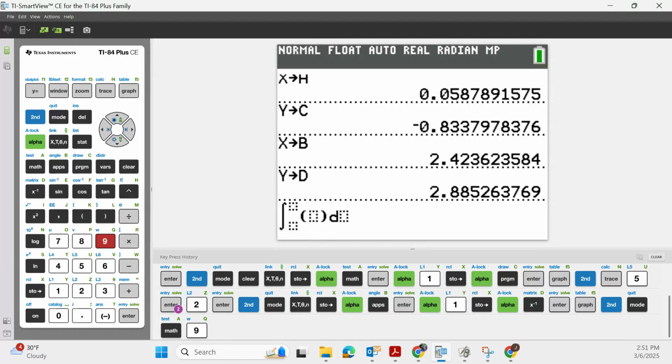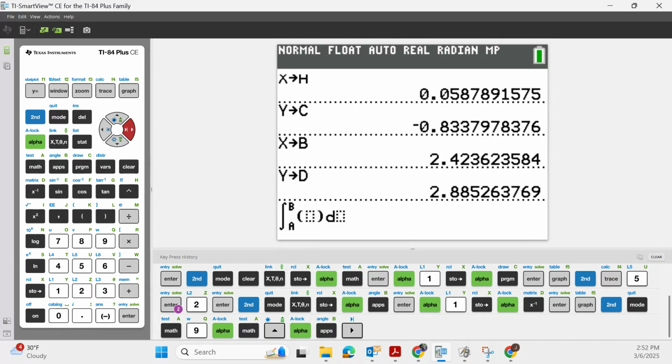So from A to B, I'm actually going to put A there. So alpha and then math is where A is, and then right next to it, alpha apps gives me B. And then in this parentheses, I want f of x minus g of x quantity squared. And they're in as y1 and y2 respectively. So I'm going to do y1 minus y2 quantity squared.